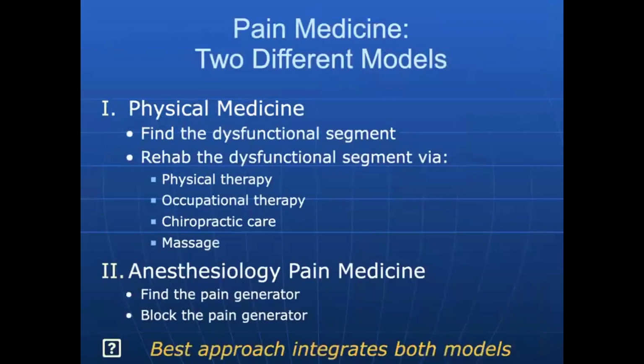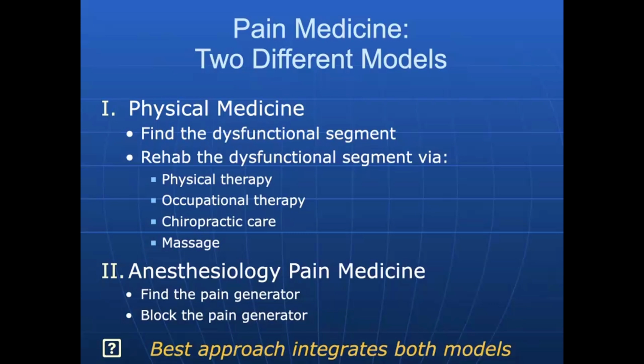So in my training, I have learned 2 different models for how you treat people with injury. The physical medicine model is the one where you try to find the dysfunctional segment and rehabilitate it, whether that be through physical therapy, occupational therapy, chiropractic, massage. You try to find what segment's been injured and what you need to do to restore normal function to that segment.